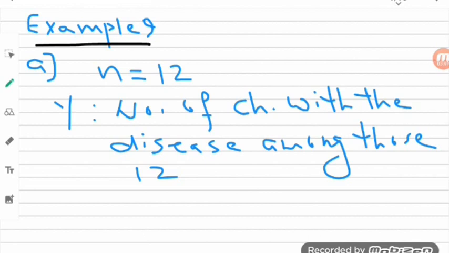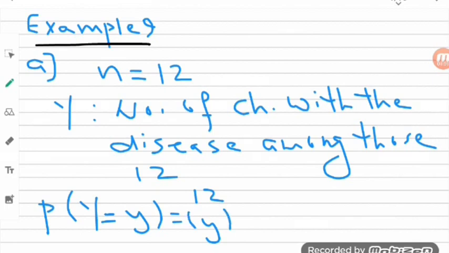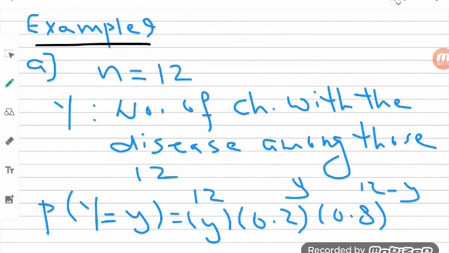So the probability of y equal a certain value will be computed as 12 choose y, the probability of success to the power y, and the probability of failure to the power the difference, 12 minus y, and y takes the value from 0, 1, 2 up to 12.